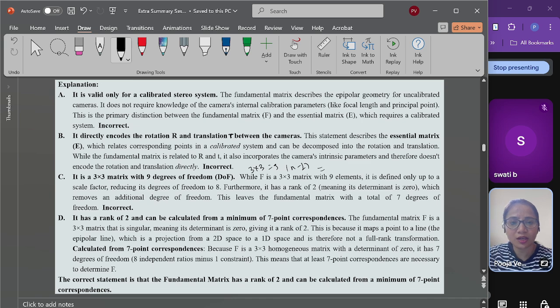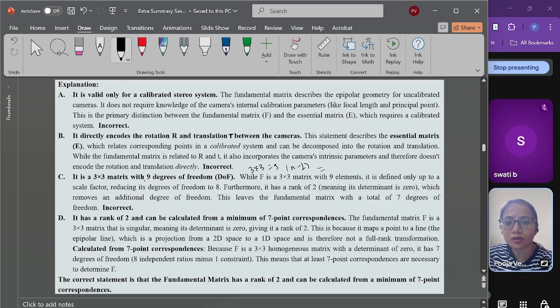We have already solved that type of question in the weekly assignment problem. So you can see that only 8 degrees of freedom will be there. Further, it has rank 2, meaning its determinant will be 0, which removes an additional degree of freedom, and this leaves the fundamental matrix with a total of 7 degrees of freedom. Okay, so this is also incorrect.